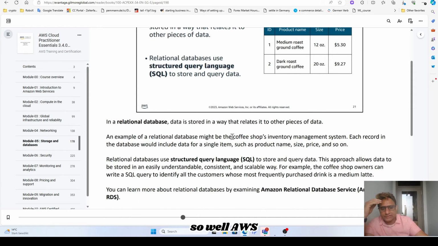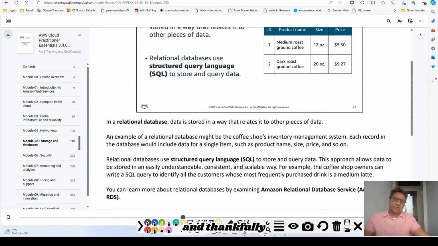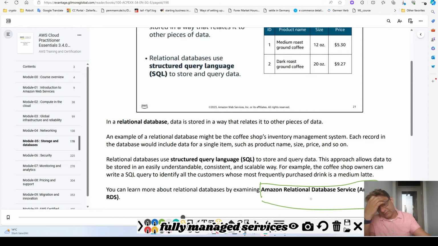So, well, AWS is enriched with a lot of options, very gladly and thankfully. One of the services which automates a lot of stuff is AWS Relational Database Service. This database management service is fully managed by AWS and specifically designed for relational databases, because AWS has a clear segregation between relational and non-relational databases.